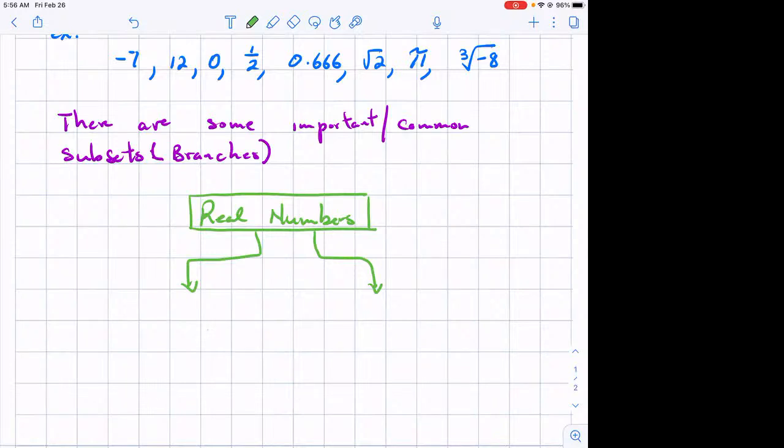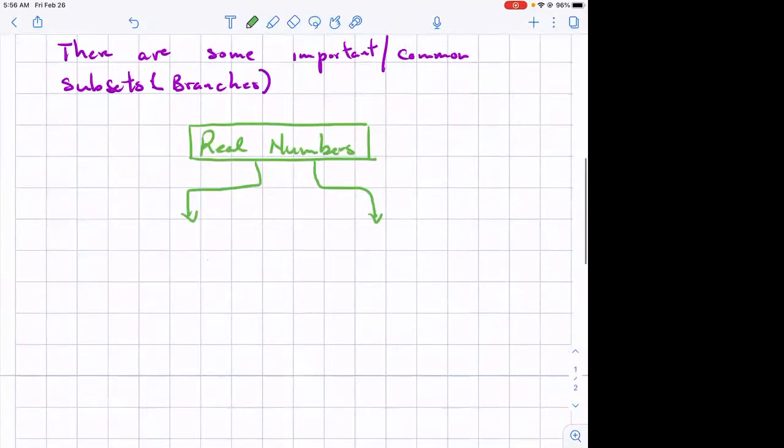Some important branches that you will find would be, for example, integers, whole numbers, right? So some of these branches, or subsets, we have many of them.